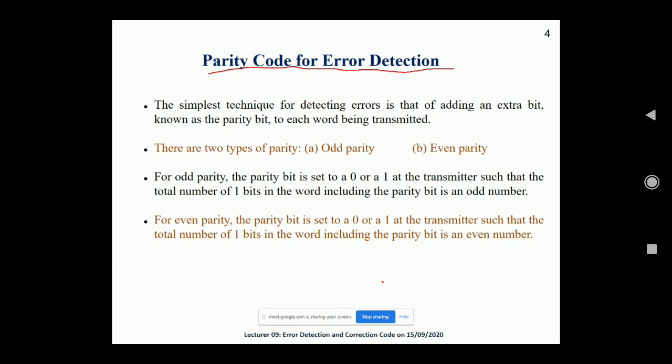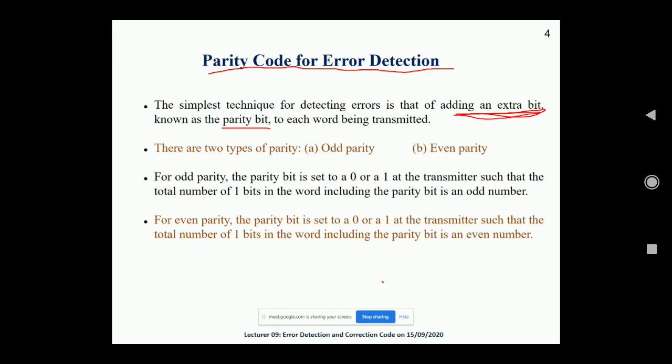The simplest technique for detecting errors is adding an extra bit, known as the parity bit, to each word being transmitted. When a code word is transmitted, we use an extra bit, called a parity bit. But remember, there are many methods for error detecting and correcting codes.